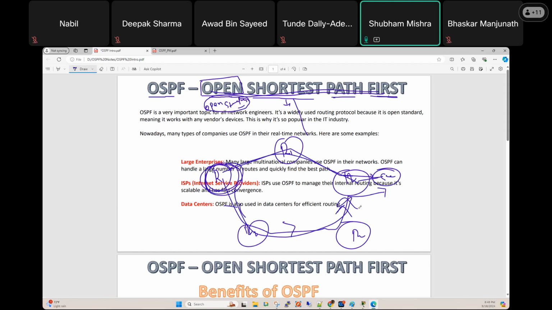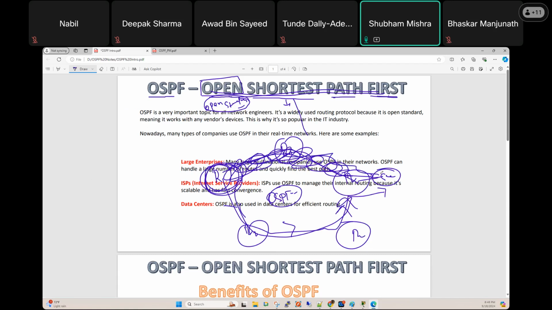If you use OSPF, it means OSPF chooses the shortest path. It means this is the shortest path. So you can say, sir, this router chooses this path to reach the destination.